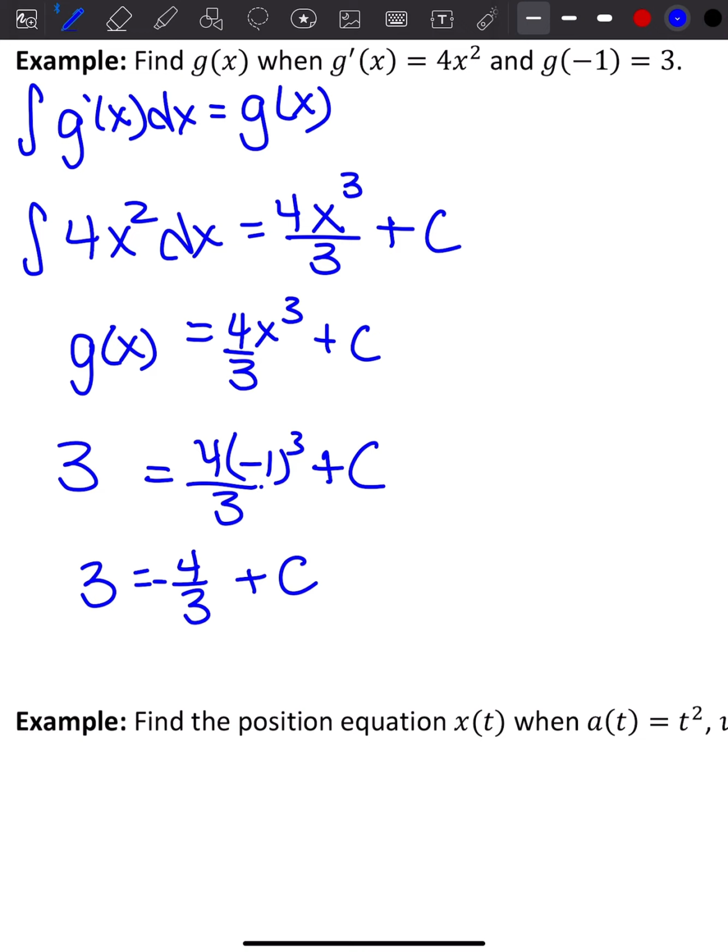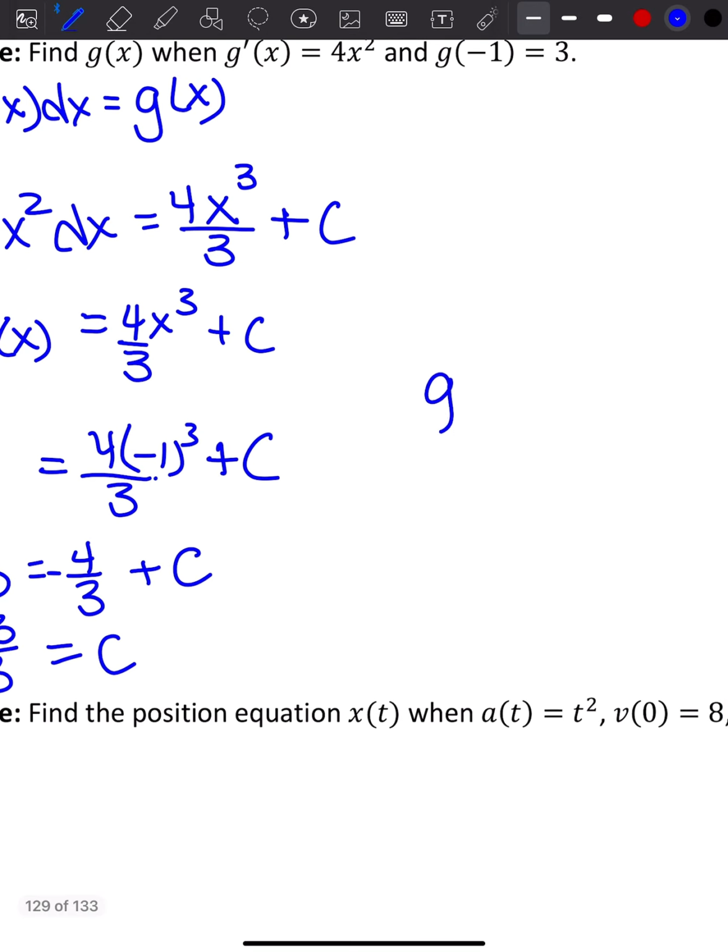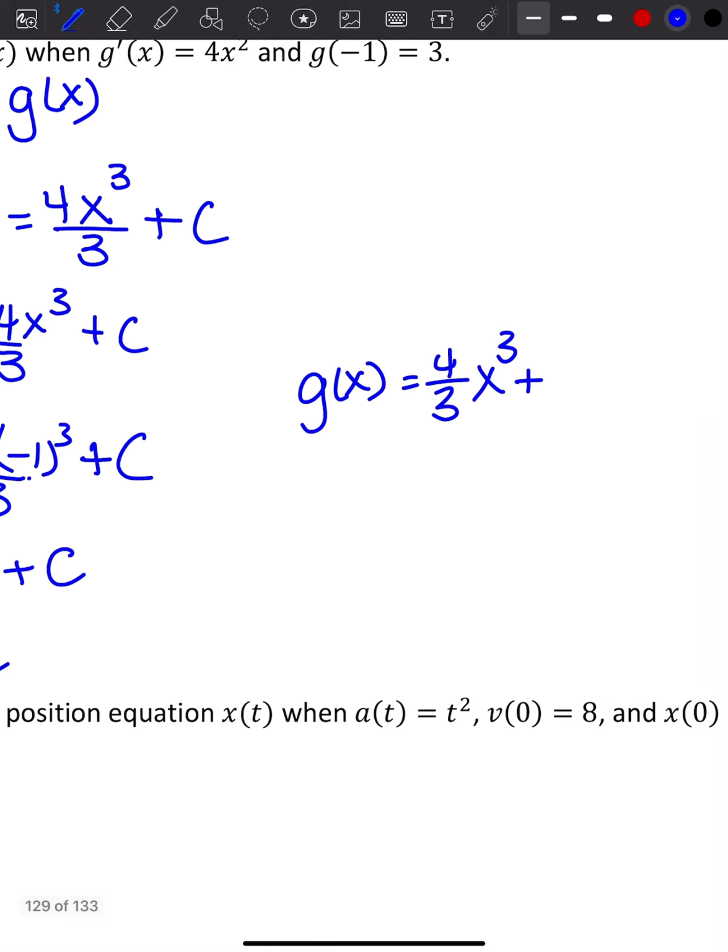And then we're going to add it to the other side. 3 is the same thing as 9/3. If I take 4/3 and add it to that side, 9 plus 4 is 13. So I have 13/3 is equal to c. So what I know is that g of x is equal to 4/3 x cubed plus 13/3.